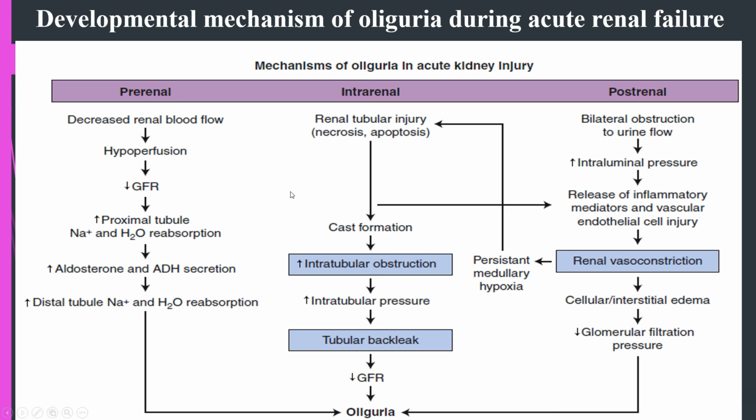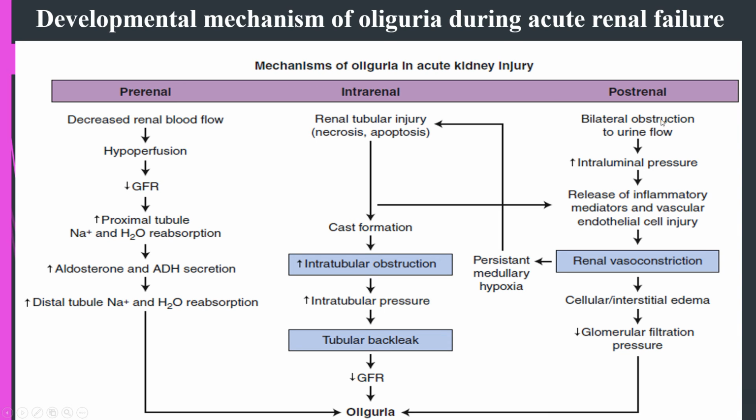Next, intrarenal pathology, renal tubular injury, which may perform apoptosis and necrosis, and persistent medullary hypoxia influences the tubule and forms disorders, increasing intratubular obstruction, intratubular pressure increase, tubule leak, and decreasing glomerular filtration rate.